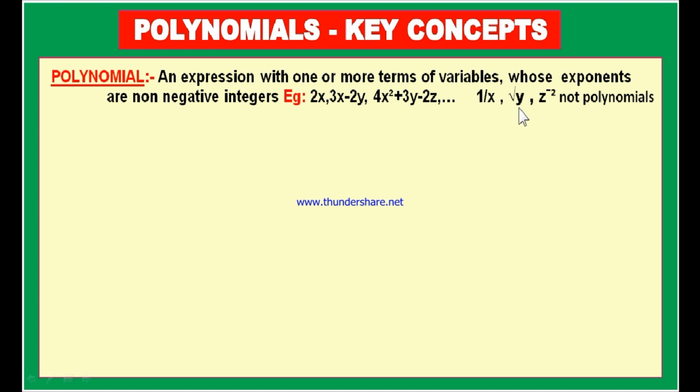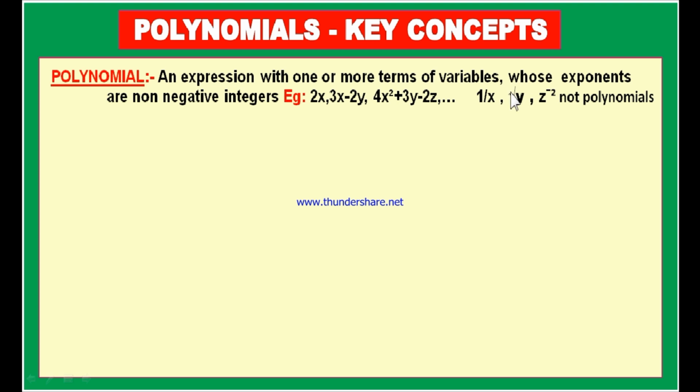Similarly, root y, square root y. Square root y means y to the power of 1 by 2. Here the exponent of y is 1 by 2. 1 by 2 is not an integer, isn't it? 1 by 2 is not an integer, it is a rational number but is not an integer.